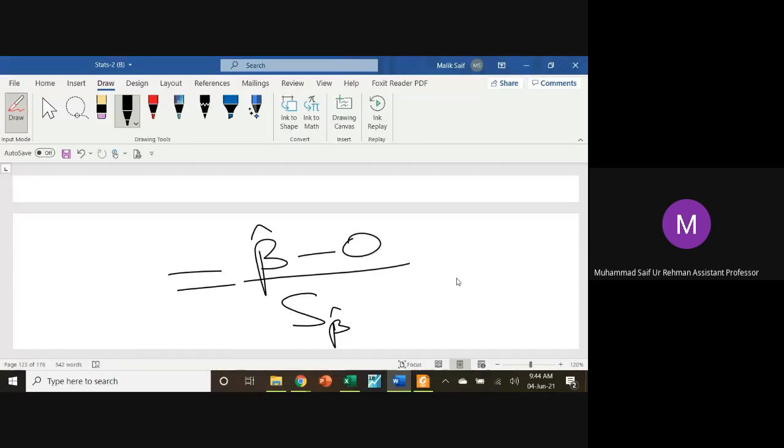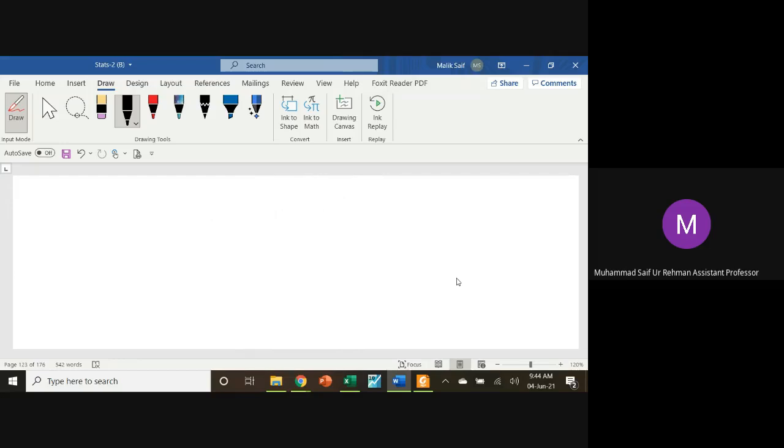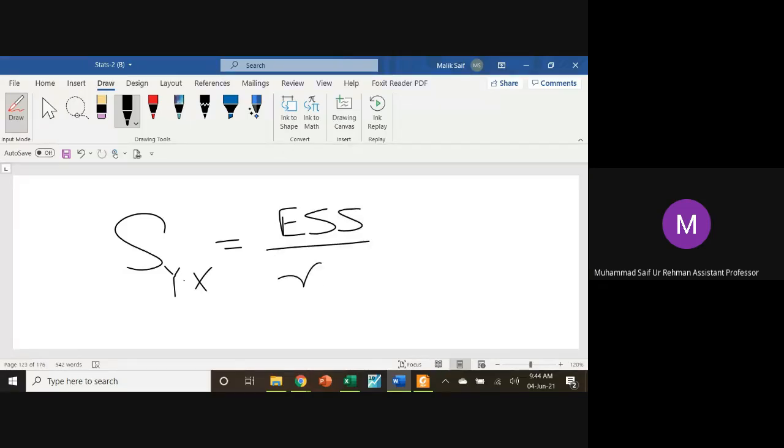We may also find it out as you have already seen in the last chapter. So standard error of estimate could be found using this formula: ESS, error sum of squares, divided by n minus 2.